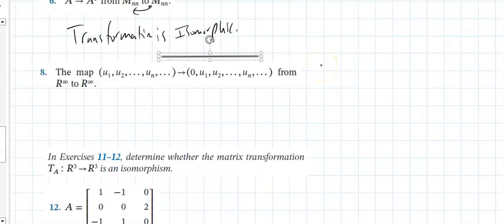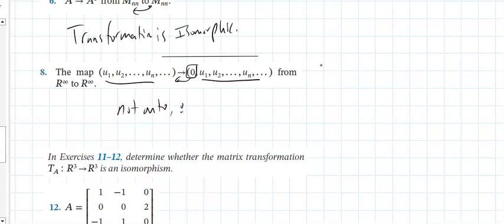Mapping, so all of these into all of those, that right there does not have anything onto it, so this is not onto. Therefore, T is not isomorphic.